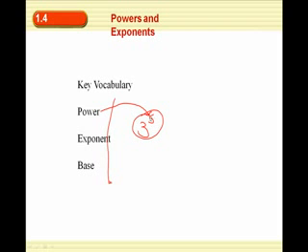This tells us how many times 3 is going to multiply times itself. So the 5 actually is the exponent. The 3 is the base.